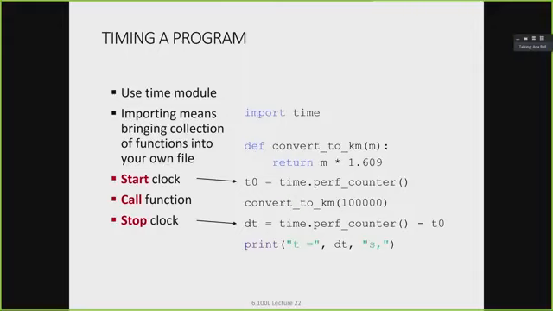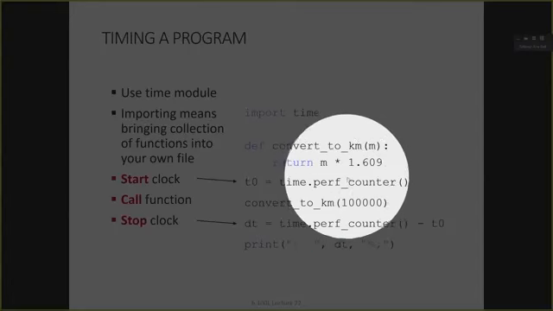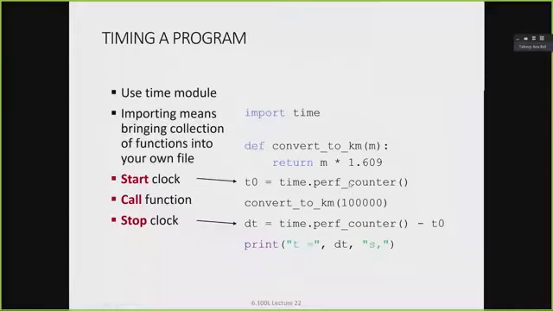Okay, so just a quick review of how we actually get the time that a function takes to run. We run this performance counter, and this one gives us not an absolute time, but more of a shorter time frame, not from some time in the past. The performance counter is very useful when we're getting these dts, the difference in some times.